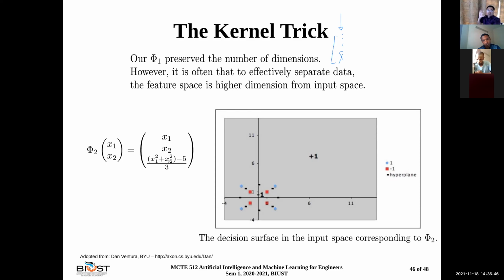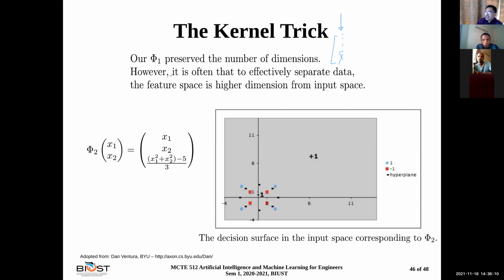But if you increase the dimension and look at an additional dimension, then there is additional information that you didn't previously see, that now will help you in terms of classification. So that's the kernel trick.